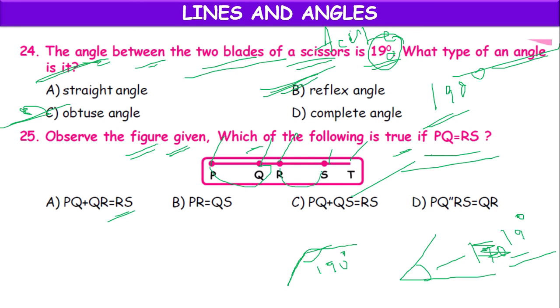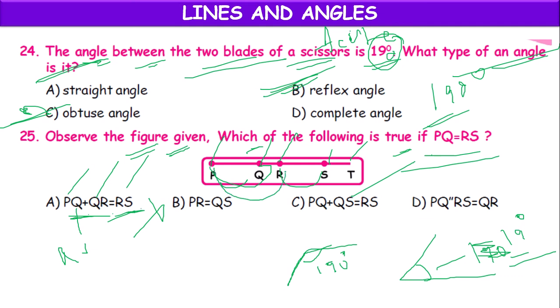So which of the following is true? PQ plus QR equal to RS. But PQ equals RS, so RS plus QR equal to RS is a wrong option.